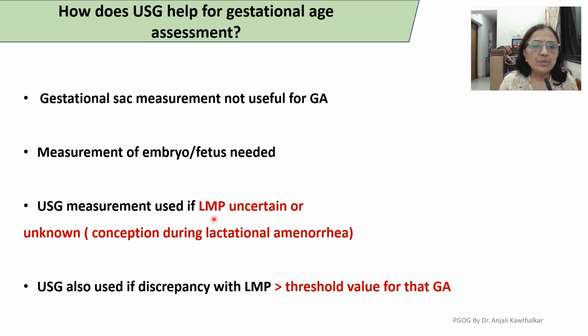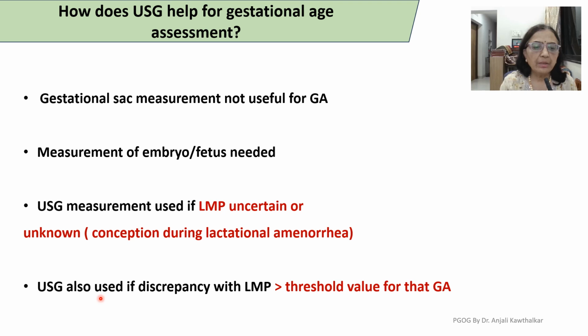Ultrasonography measurement is used if patient is not certain of her date of last menstrual period or date of last menstrual period is unknown, such as conception taking place during lactational amenorrhea. These are the situations where the Naegele's formula will not be helping us, and these are the cases where ultrasonography will be of help.